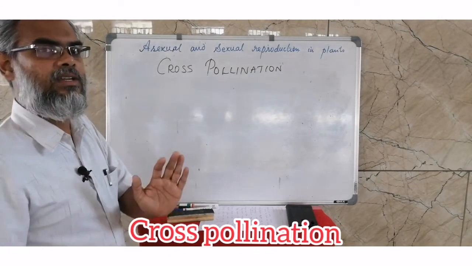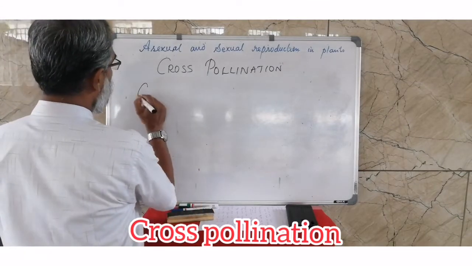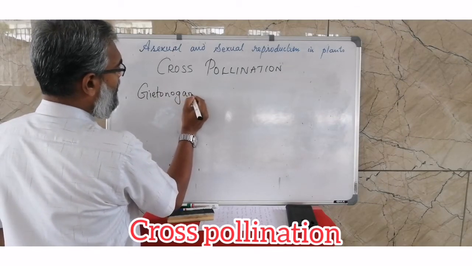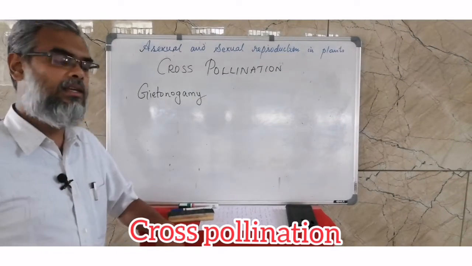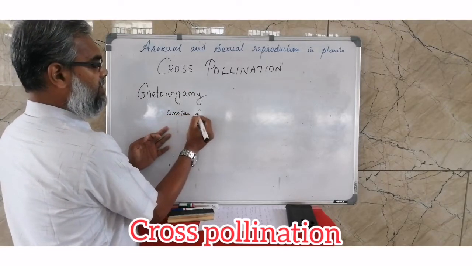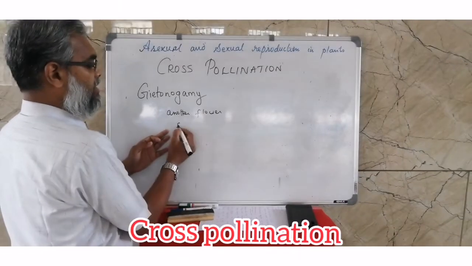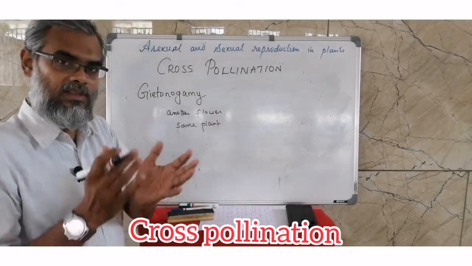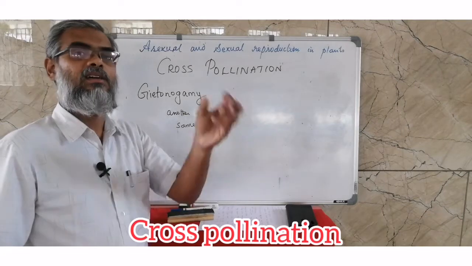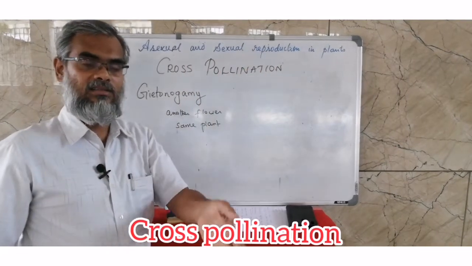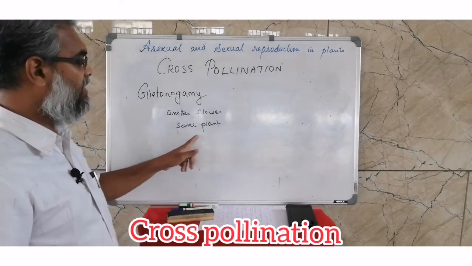Broadly they are classified into two, that is, geitonogamy. Geitonogamy means another flower only, but in the same plant. In the same plant, the anther of one flower will fall on the stigma of another flower, but in the same plant.